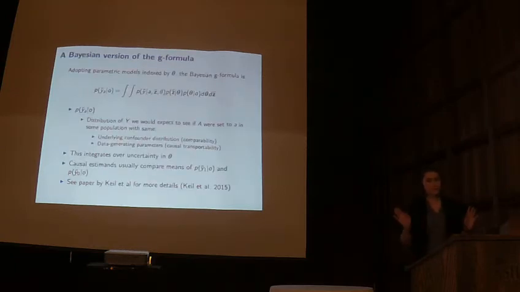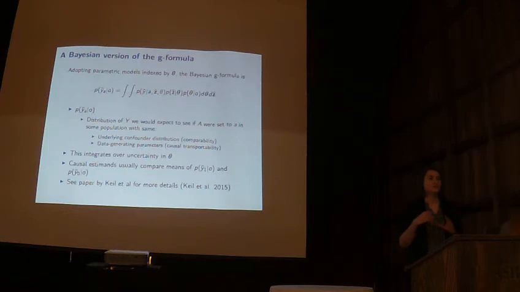So, the Bayesian version of the G formula. I have not invented this. There's this really great paper, it's in the references, and it has, like I'm showing you here, a basic approach, but they have it for longitudinal treatments as well. And the idea is that if you're taking parametric models, which are indexed by parameters theta, the Bayesian G formula is basically, once you're conditioning on your observed data O, you can think about having drawn a new person, right?